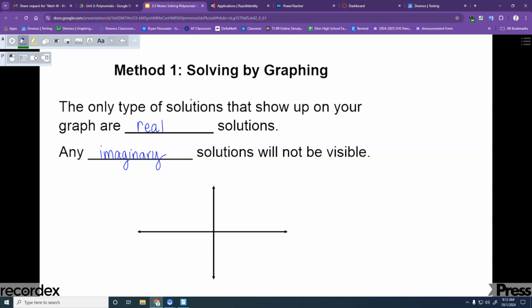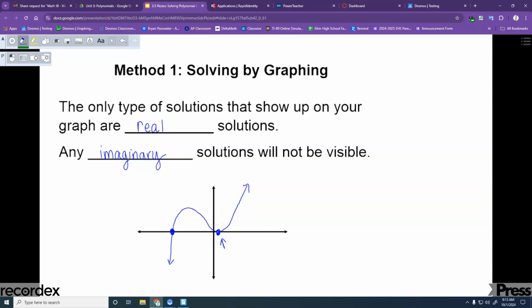Okay? So whenever we graph something, it might look like this. These 2 spots would be our zeros, which are going to correspond to our solutions. Right? What would be special about this one right here?